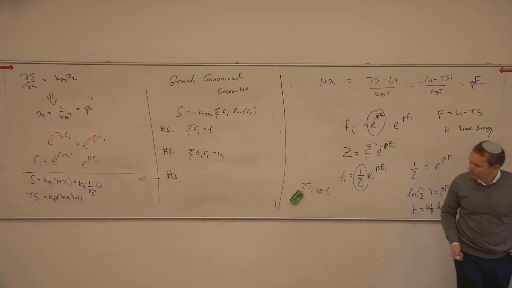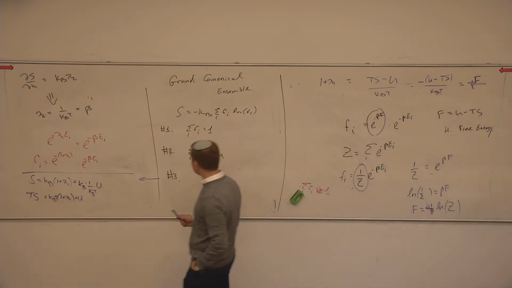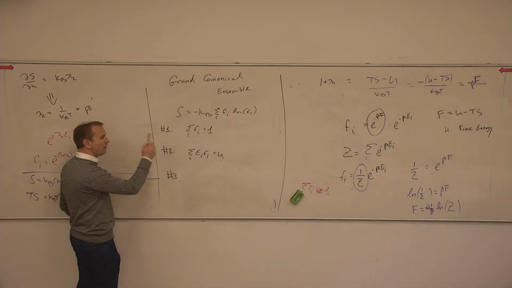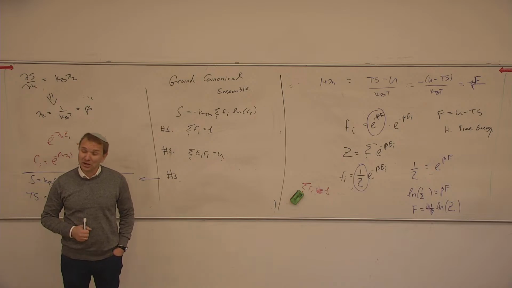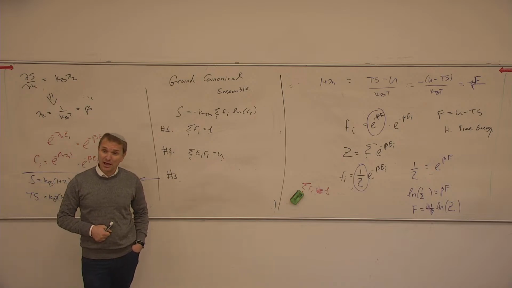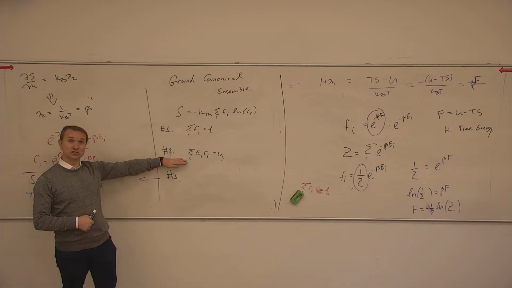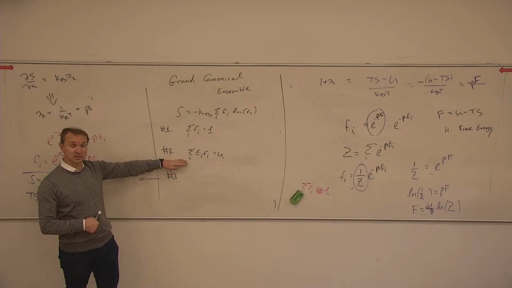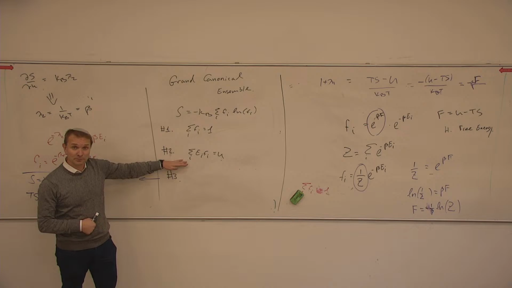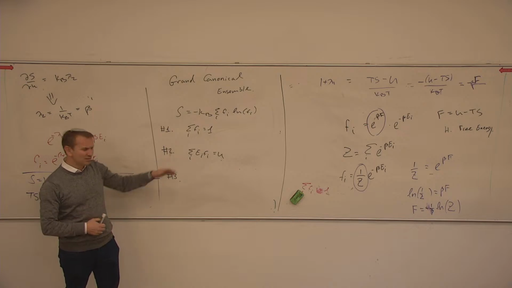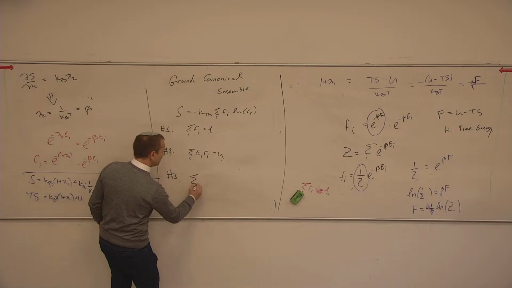So, in order to solve other problems, sometimes it's not enough to assume that my energy is constant. Therefore, I need to assume that I have some average energy. In the same spirit, I can say it's not good enough to assume that the number of particles is exactly something. It's better to assume that we have some average number.